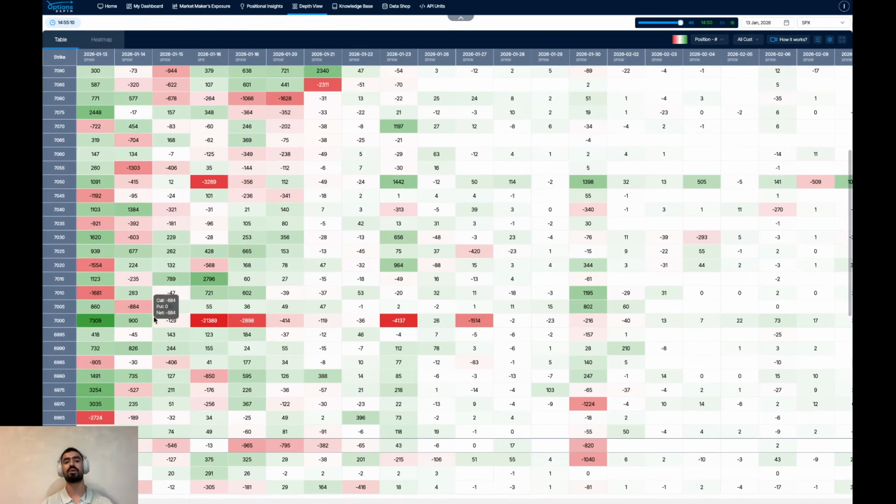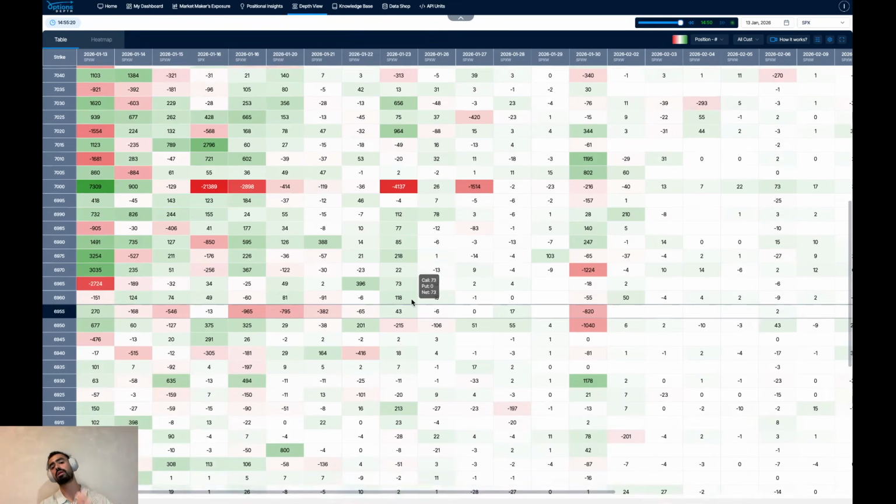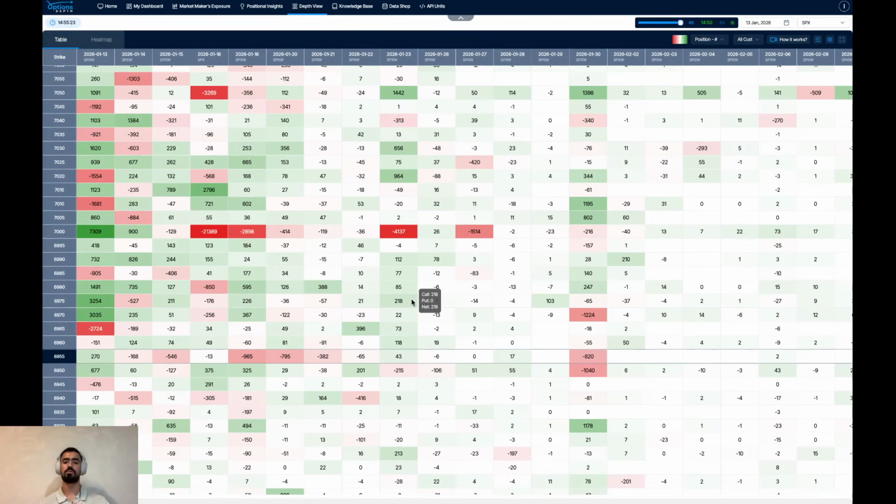But you can see further out in the expiration, they've been selling calls here at 7,000 for the 16th of January, here at 7,050. So we're able to see quickly at a glance what big money is doing without using any funky filters or anything. It's pretty straightforward. This is what I like to use DepthView with the most, and that's a pretty cool feature that we have here.